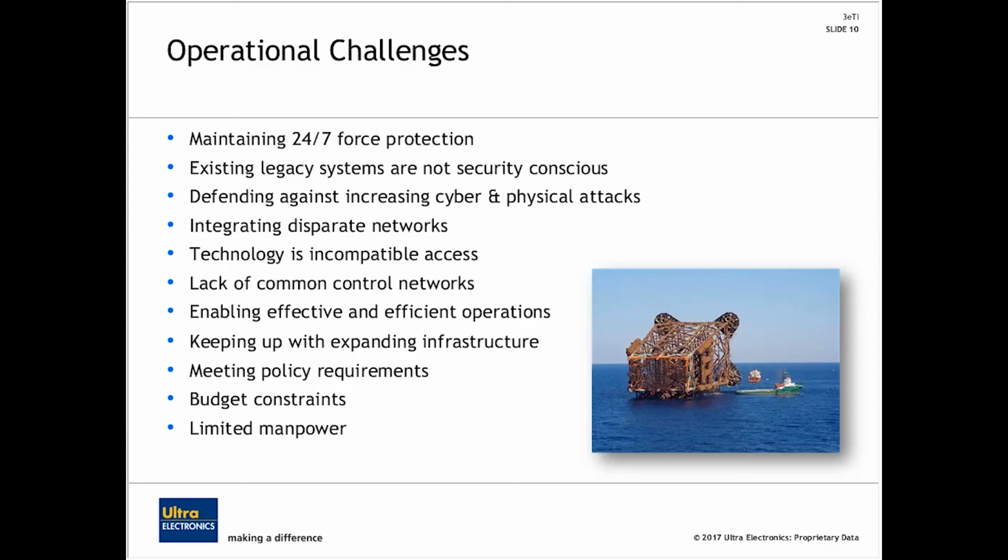But in the physical security realm we have a lot of legacy systems that do not have adequate security measures in them. We have both the physical threat of a person trying to physically impersonate an authorized person and gain access, as well as that potential penetration on the cyber side. We have disparate networks, so you might have a variety of networks that provide sensing into a physical network.